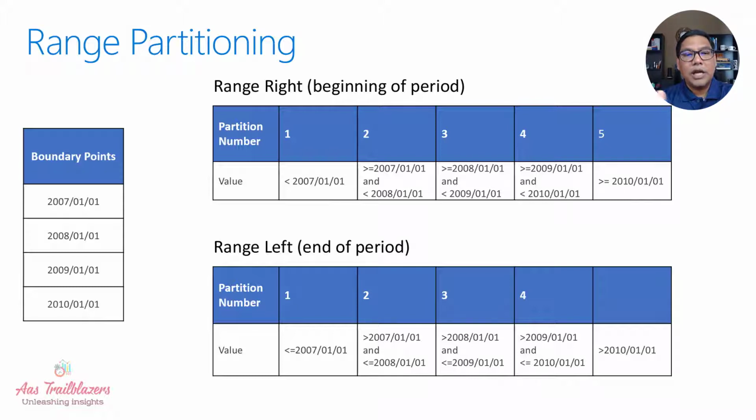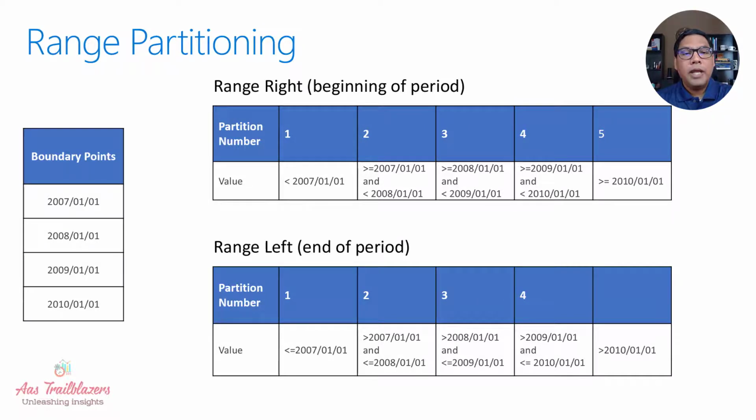So the very first boundary point, Jan 1st 2007, is going to be on the right side of the very first partition, so it falls into the second partition, and any value less than that will come into partition 1.